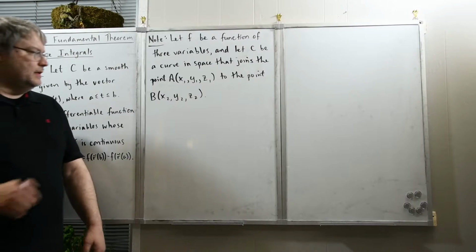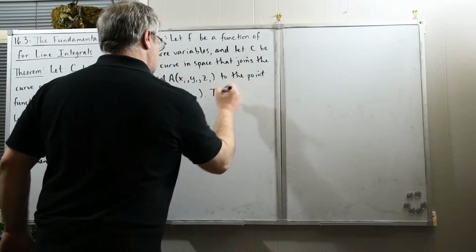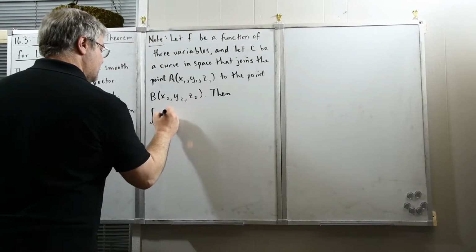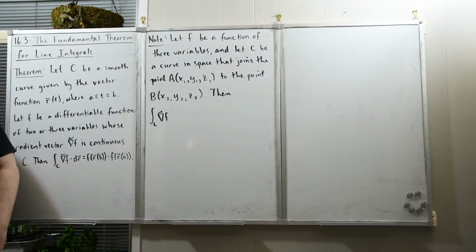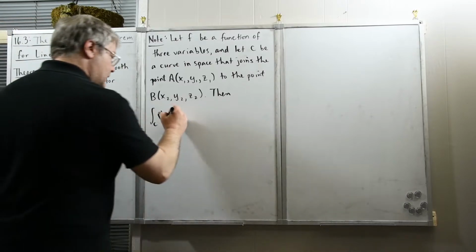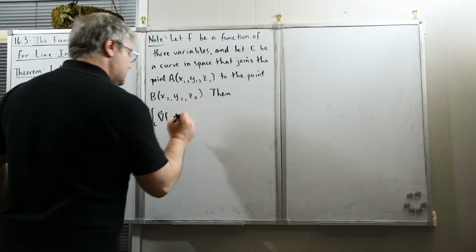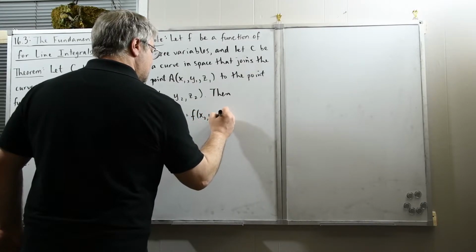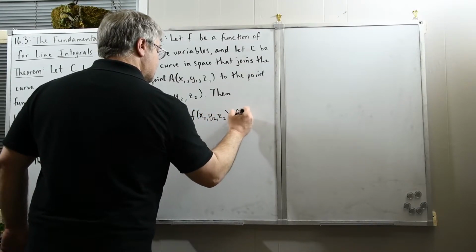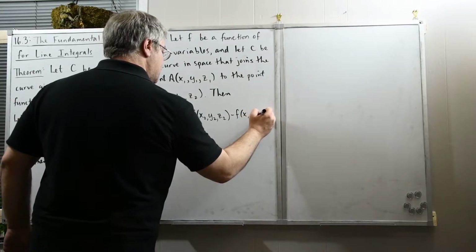Then what's going to happen is, take our line integral of gradient of f along C. That's going to be the same thing as f of x2, y2, z2 minus f of x1, y1, z1.